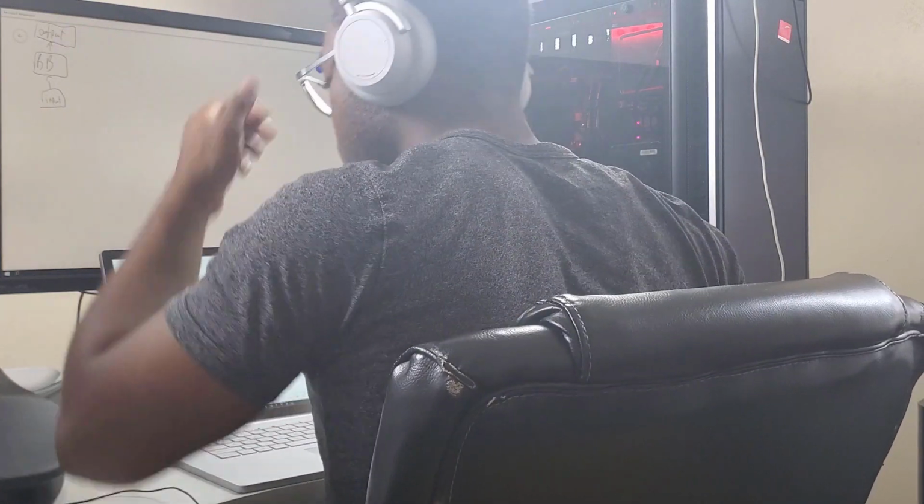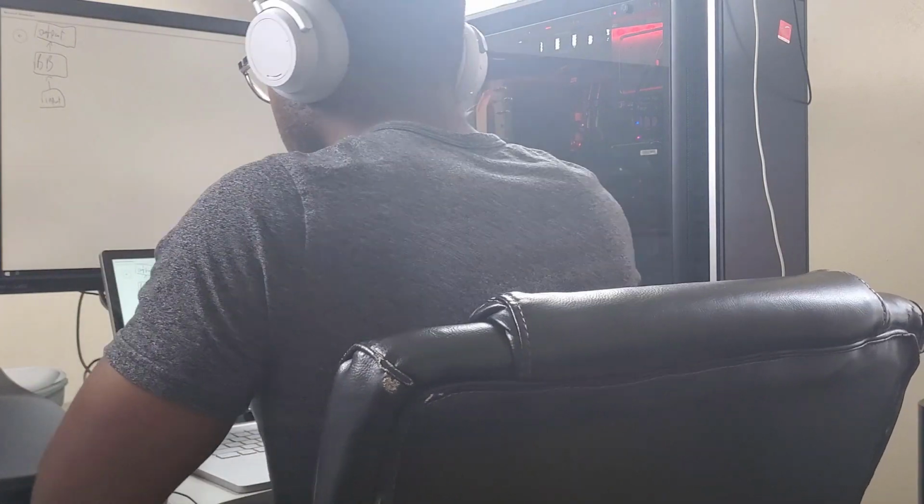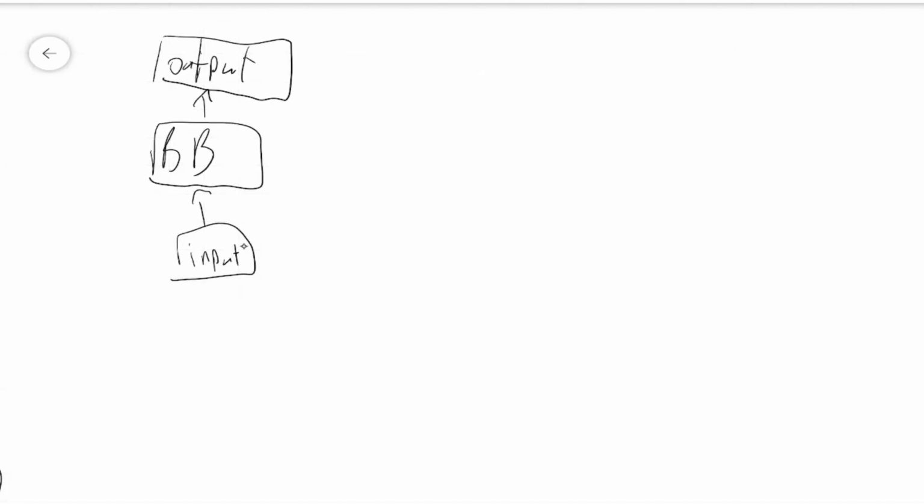Excuse the poor handwriting. So what happens is an input comes in, it goes into the black box, and then the black box, as many times as we need it, will cycle that information through before you actually get the output you desire.